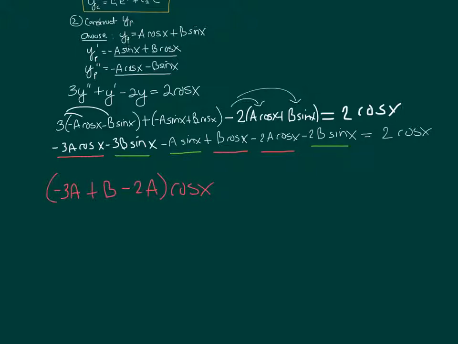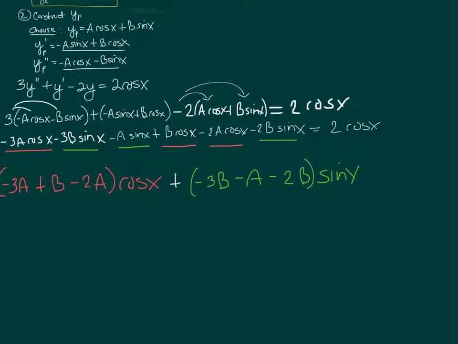So that's plus negative 3b minus a minus 2b sine x, and again that's just equal to cosine x.